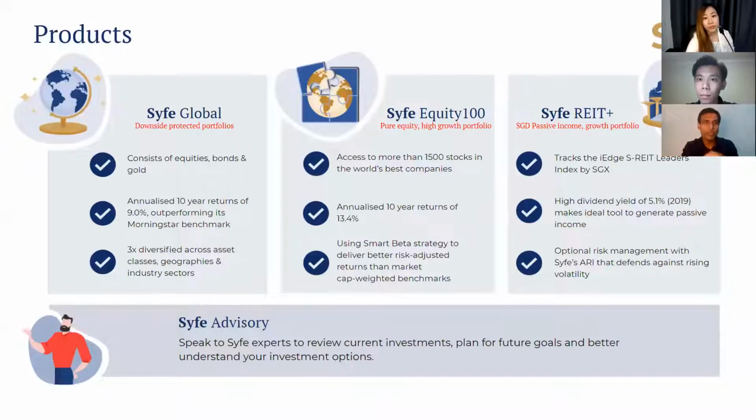So on the left-hand side, you see the global portfolio. As we covered earlier, when you're looking at a core allocation, you really need a very diversified, multi-asset class, geographically diversified portfolio as well. And that's what the Syfe global portfolio offers, where it is a mix of equities, bond, and gold. The proportion of equity, bond, and gold varies depending on what risk level you are comfortable with.